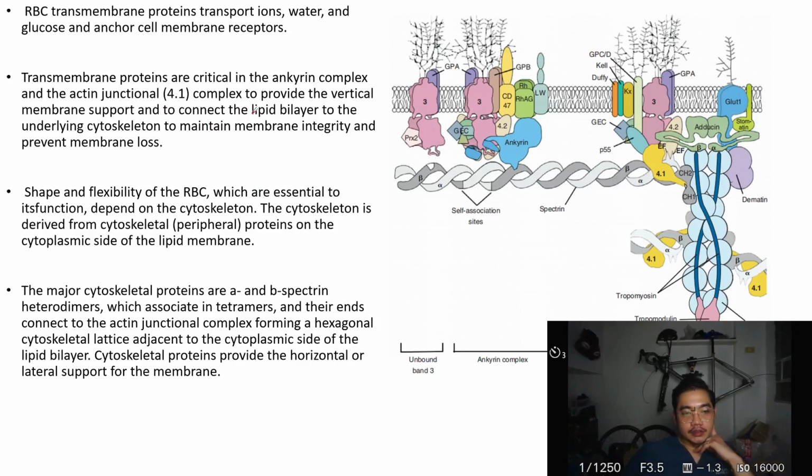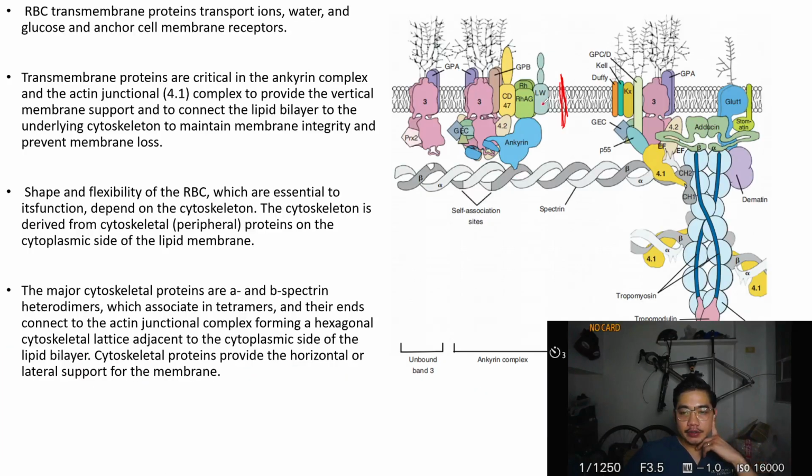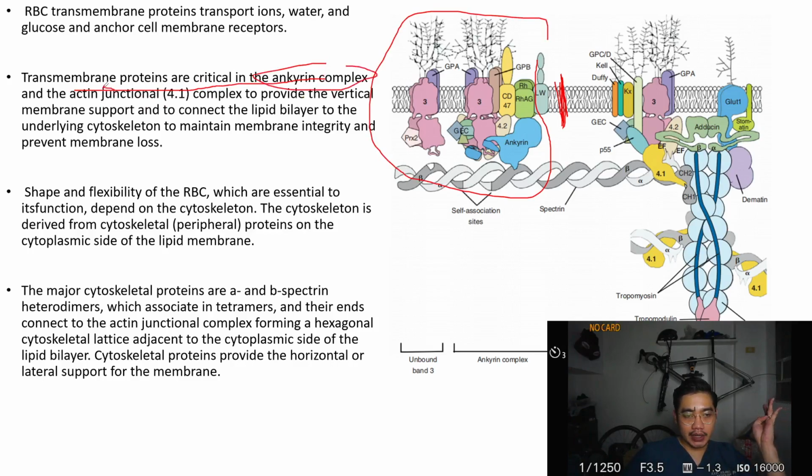So, RBC transmembrane. Meaning transmembrane protein, they traverse the entire membrane. No? So, these are your transmembrane proteins. No? So, transmembrane proteins are critical in the ankyrin complex and the actin junctional complex to provide vertical and membrane support and to connect the lipid bilayer to the underlying cytoskeleton.